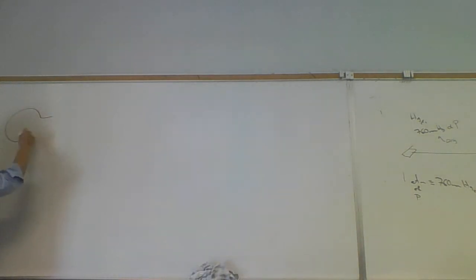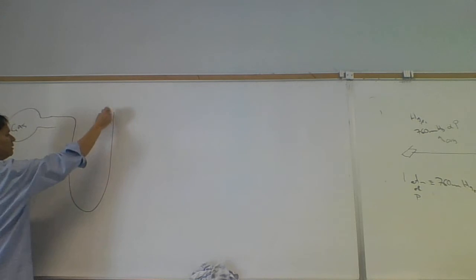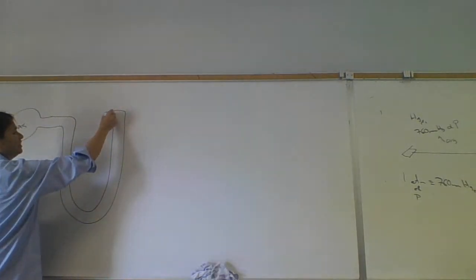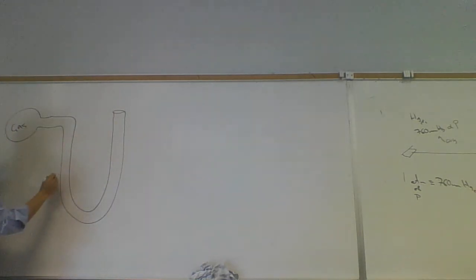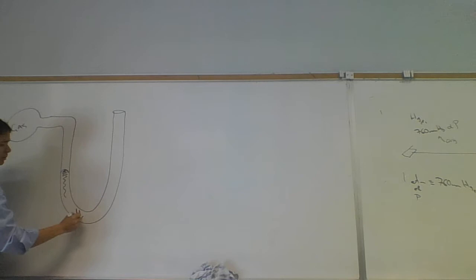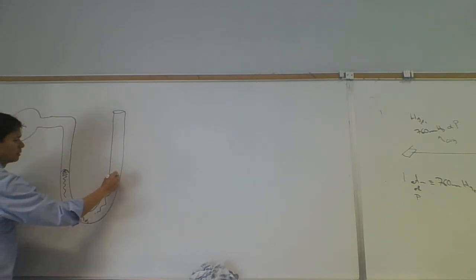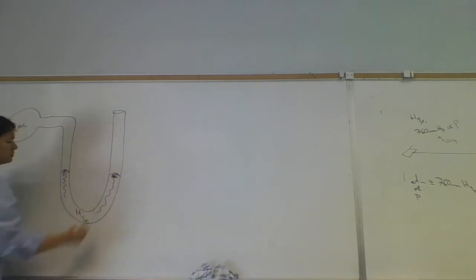Let's put a gas sample in here. A manometer is very simple. It's just a U-shaped tube, like this, in which one end is open to the atmosphere. When we look at this U-shaped tube and we put some liquid mercury in here, there are 3 different scenarios that pop up.